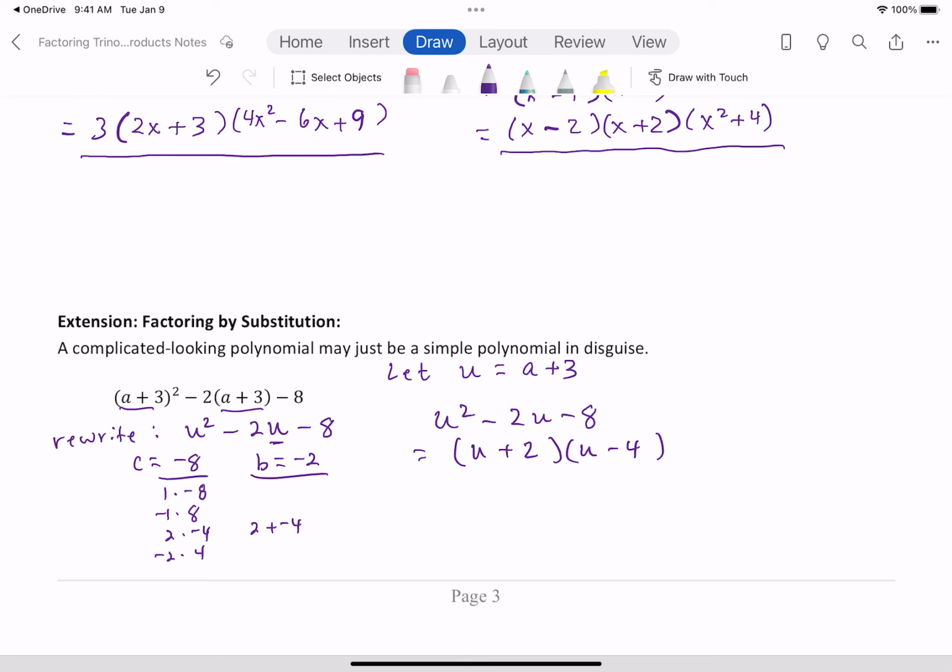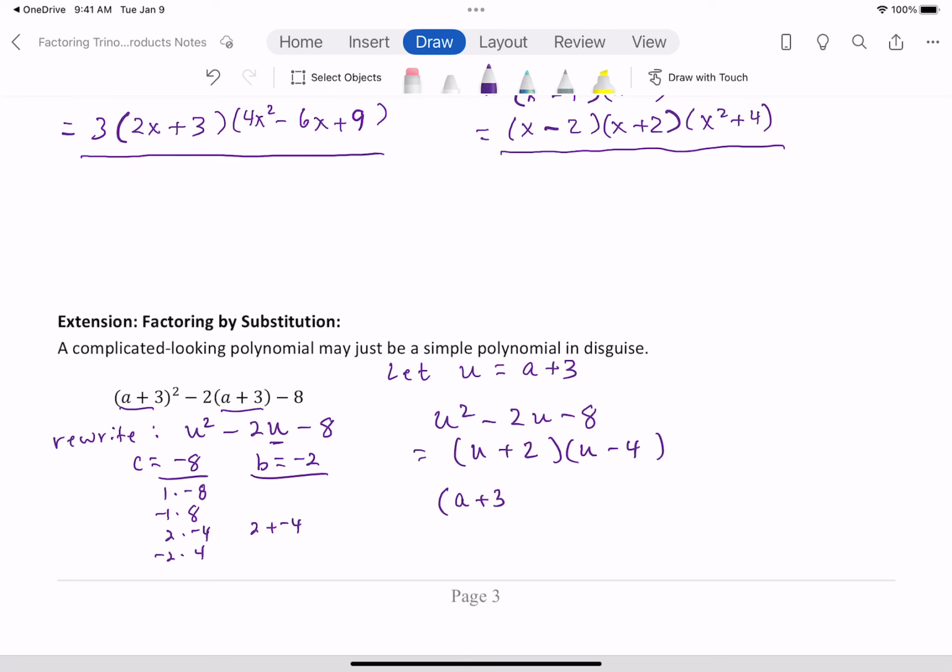So we're not finished. Now we have to go back and undo the substitution that we made. So now that we know how to factor it, we have to go back, and everywhere there is a u, we have to put back the a plus 3.